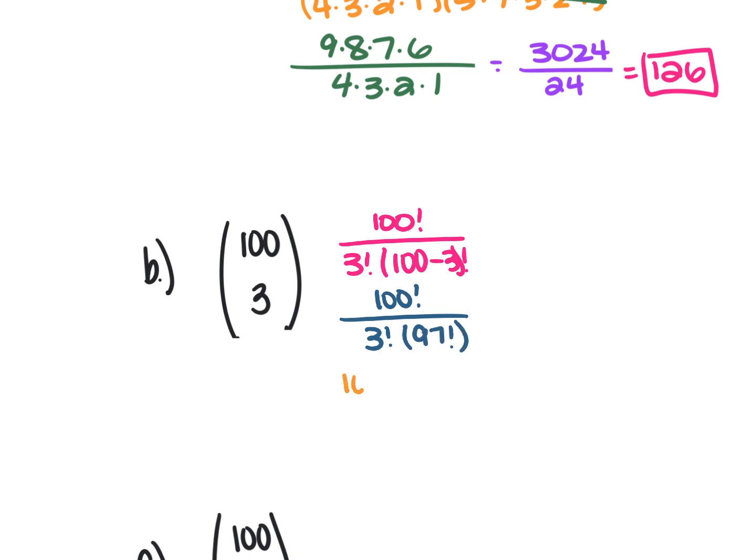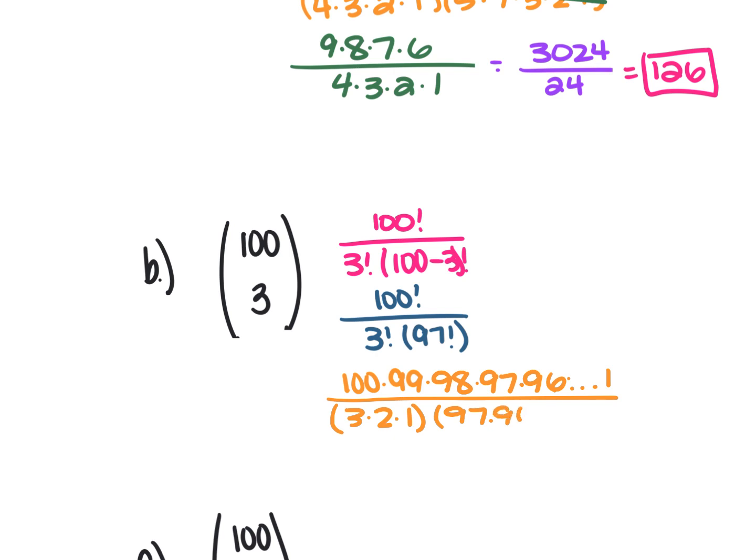So that means we have 100 times 99 times 98 times 97 times 96 all the way down to 1 all over 3 times 2 times 1 times 97 times 96 times 95 all the way down to 1.